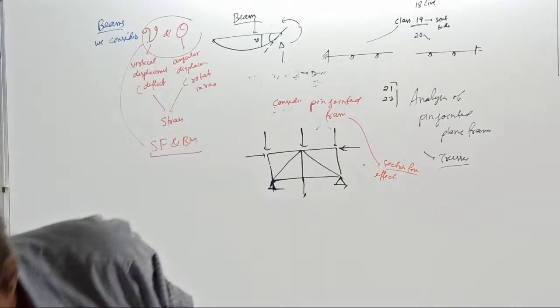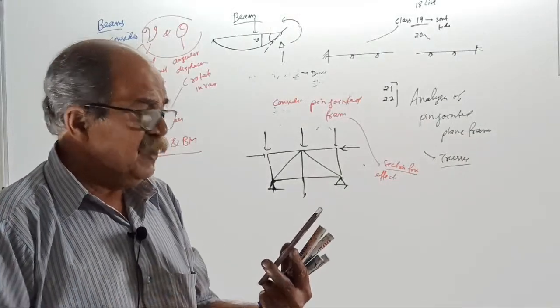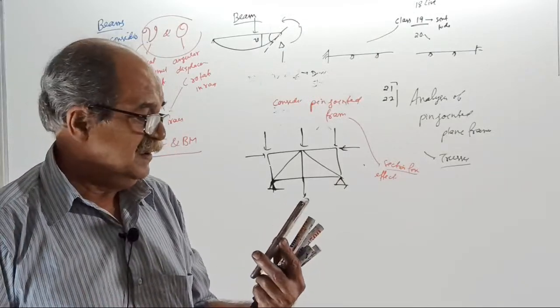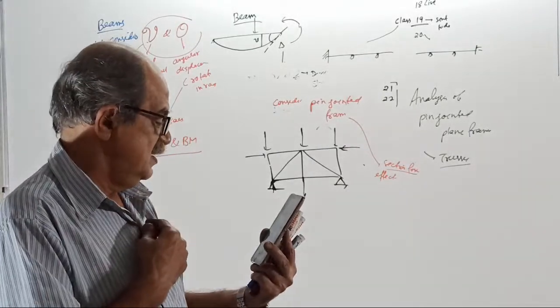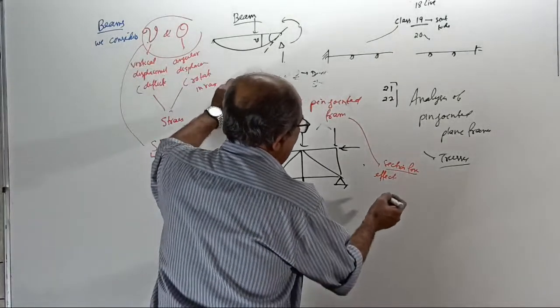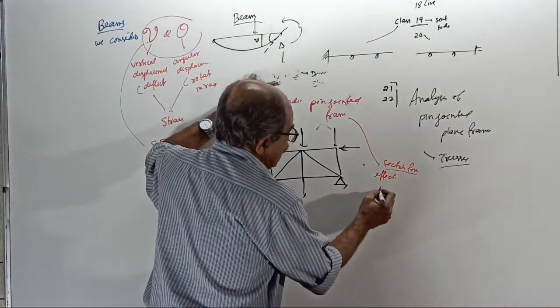Which one? What is the section force effect? Answer. Compression or tension, or the technical name is called axial force. It is called axial force.